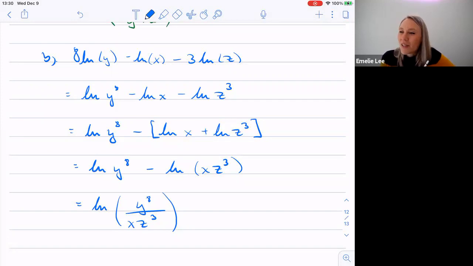Apply blah blah blah's law, log laws. Exactly. If only we could make some sort of acronym for all the log laws inside blah blah blah's log laws.